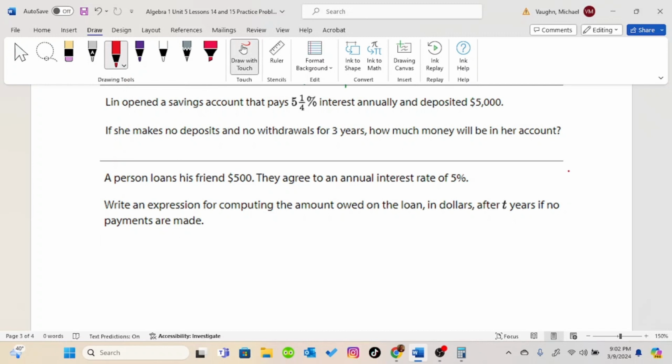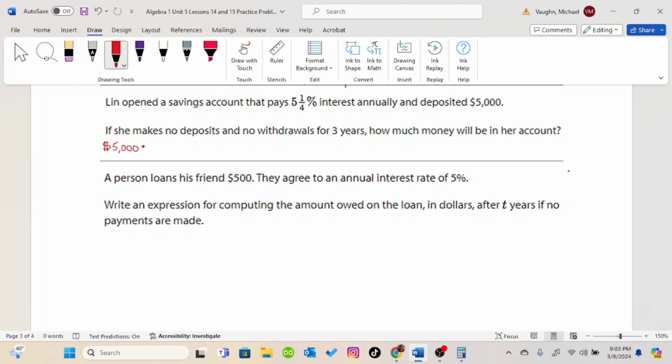Lynn opened a savings account that pays 5.25% interest annually and deposited $5,000. If she makes no deposits and no withdrawals for 3 years, how much money will be in her account? This is an exponential function, so we start with the initial amount, $5,000.